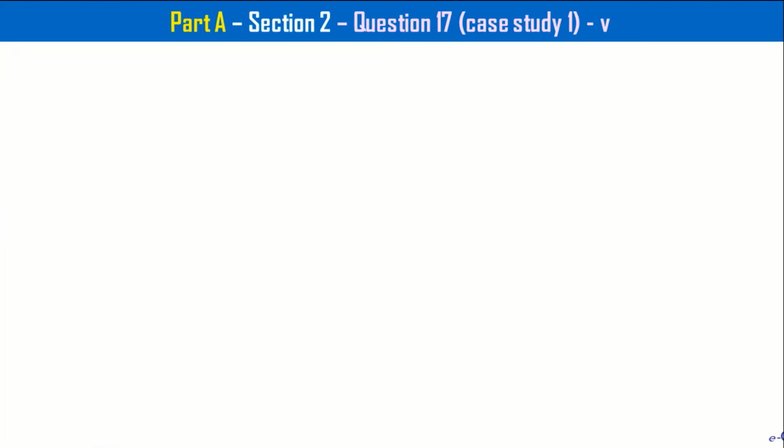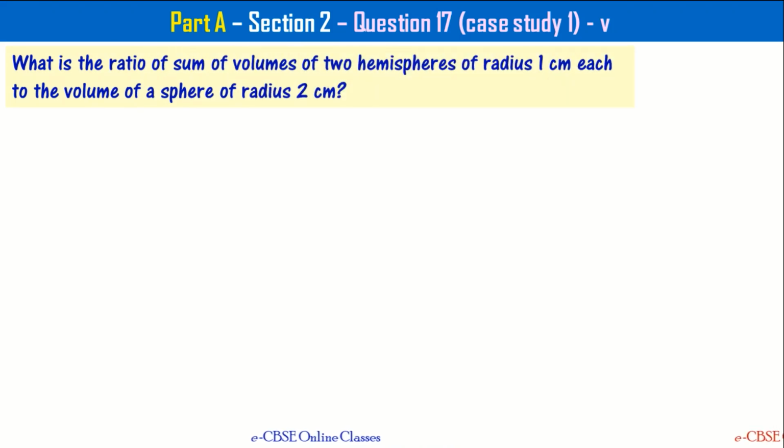Let's go to the last subpart of question number 17. That is, what is the ratio of the sum of volumes of two hemispheres of radius 1 centimeter each to the volume of a sphere of radius 2 centimeters? We are talking about 1 centimeter radius, two hemispheres, and one sphere of radius 2 centimeters.